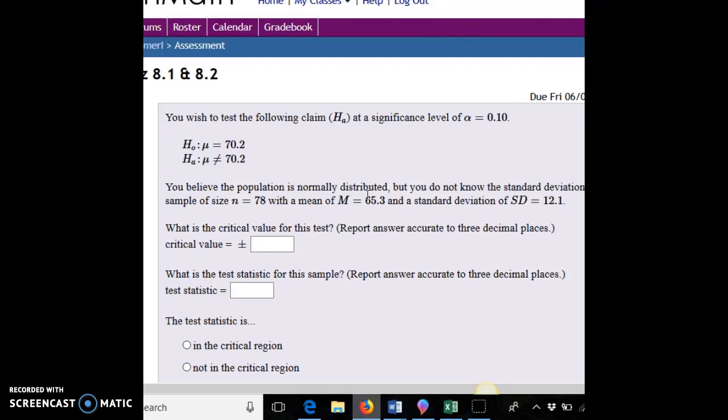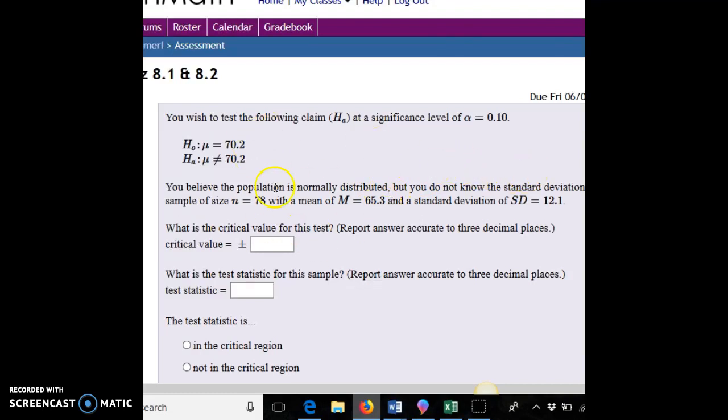We want to find the critical value. Now, a lot of you have been having trouble finding the critical value for the test. So we're going to use a program called StatTrek online that is very easy to use and will give us accuracy out to 3 decimal places. Now, very important, because we don't know our standard deviation for our population, StatTrek uses the t-chart instead of the z-chart.